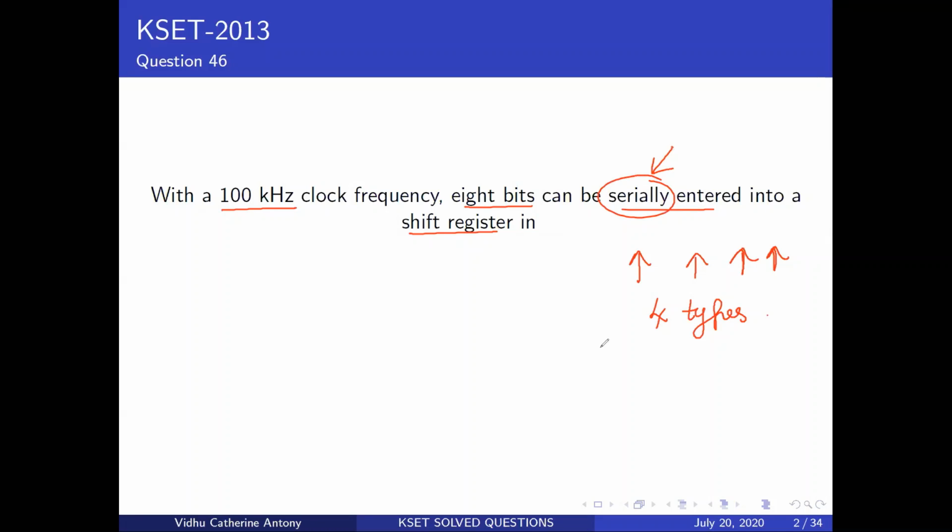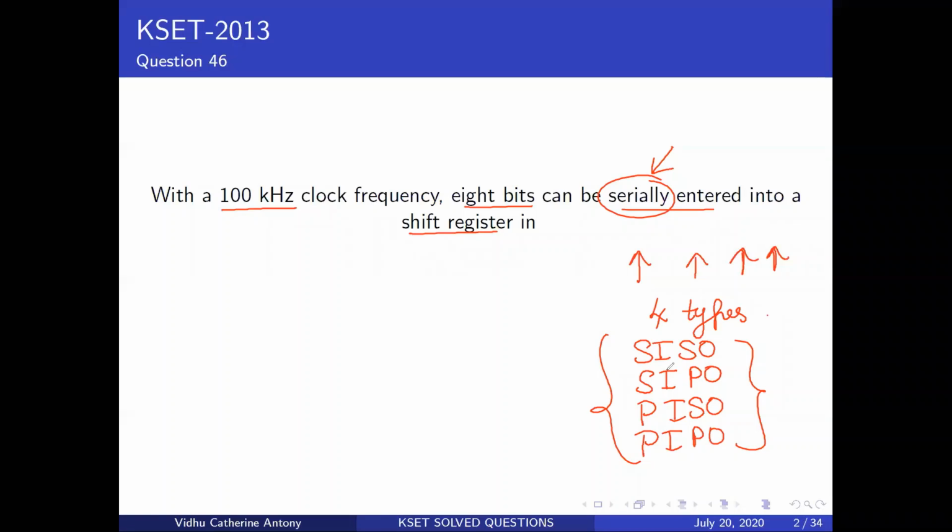I'll summarize the 4 types for you: serial input, serial output; serial input, parallel output; parallel input, serial output; and parallel input, parallel output. These are the 4 types of shift registers. Basically you're feeding your input serially and getting your output serially. So that's what this means. They've told you that you can enter 8 bits serially into a shift register.